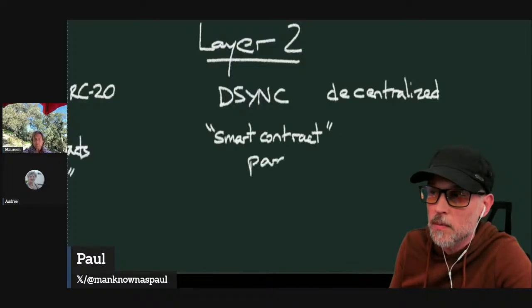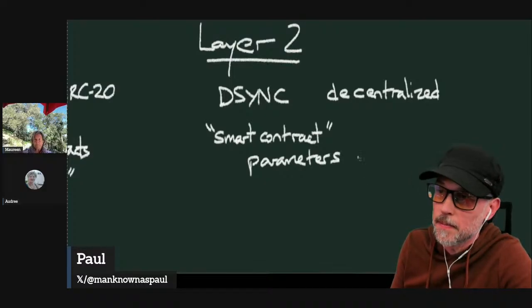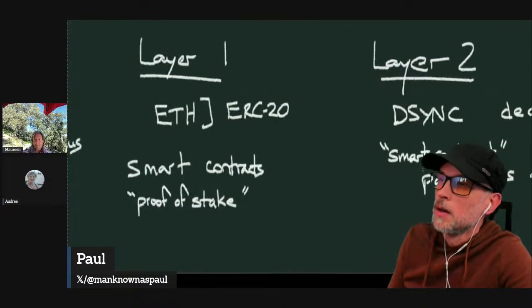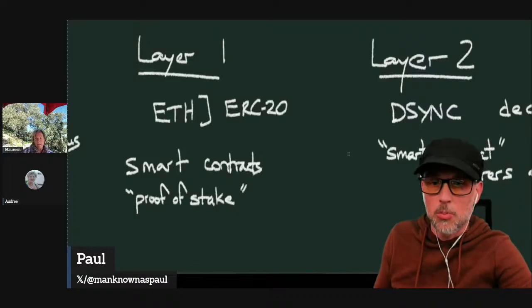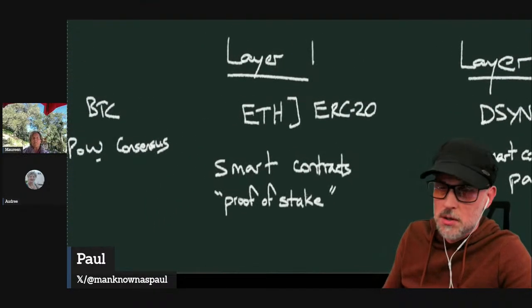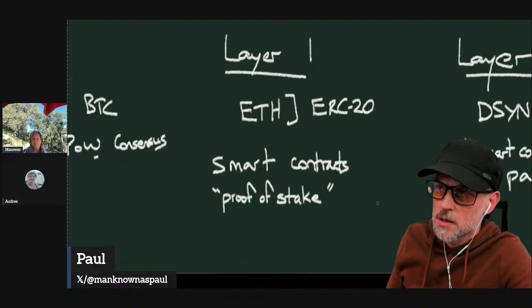The parameters of that contract are specific to their company. So the institutions significantly have been purchasing Ethereum at these nice big low prices.